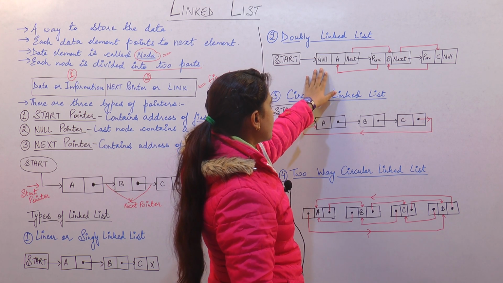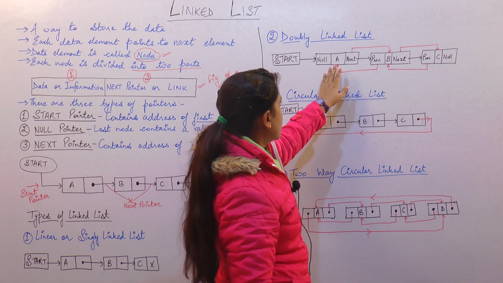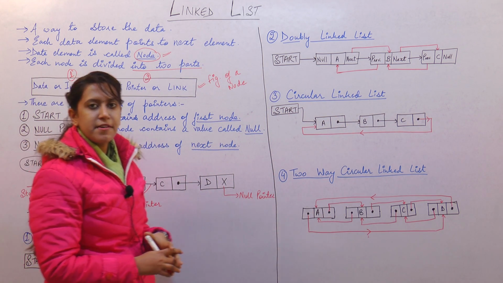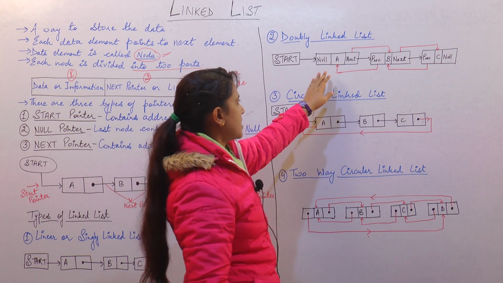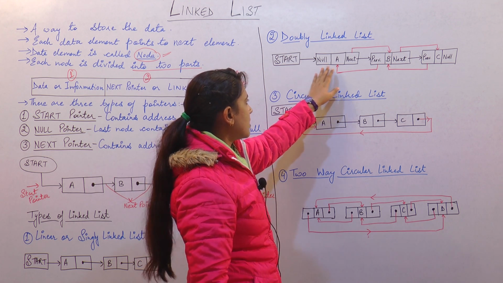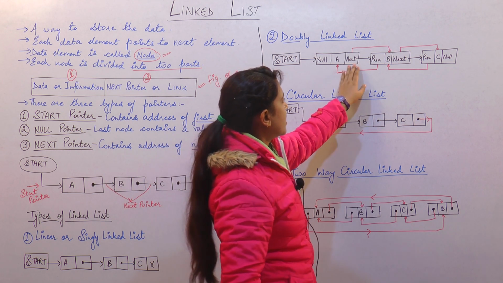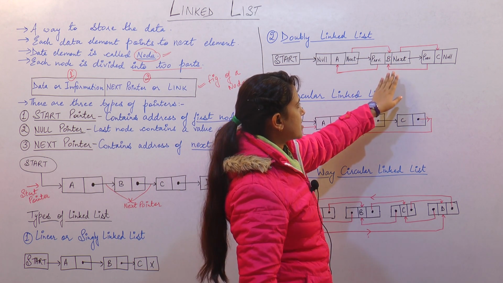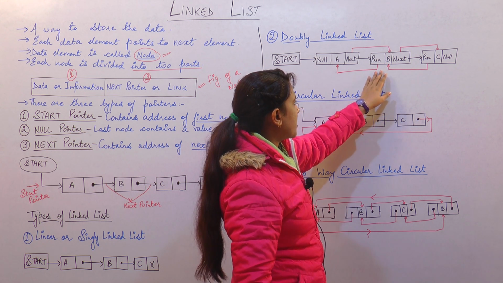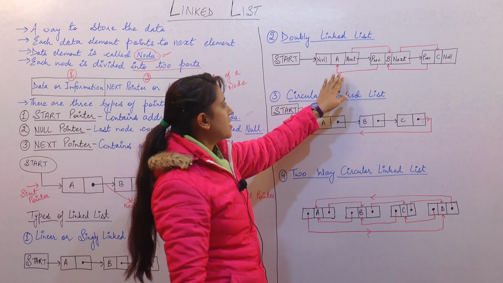So in this figure, data element A is our first node. Its previous field is containing the value null because no previous data element is present before A. That's why we are taking the previous field as null. The next pointer field of A is containing the address of the next node, that is, it is pointing towards the next node B. On moving further, the previous field of B is containing the address of the previous node.